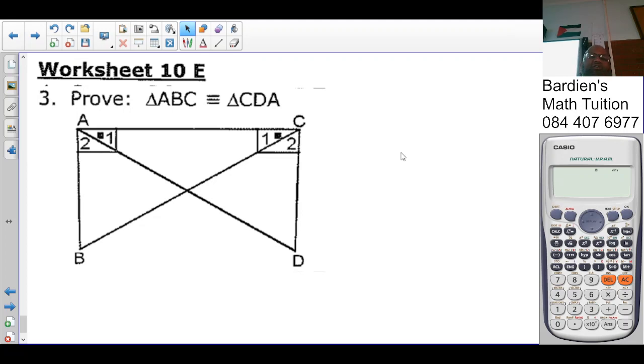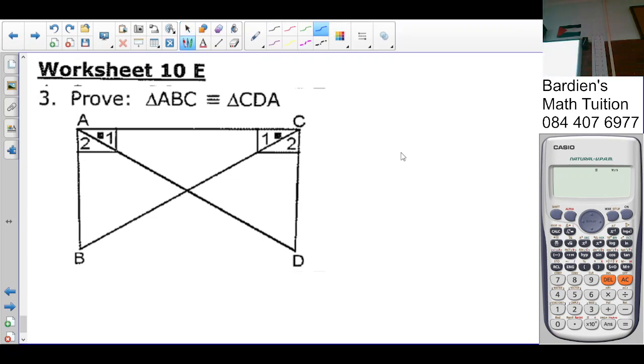So if triangles are congruent, we prove one of four things. Four cases: side, side, side; side, angle, side; right angle, hypotenuse, side; or angle, angle, side. You sure we didn't do this one? Okay?